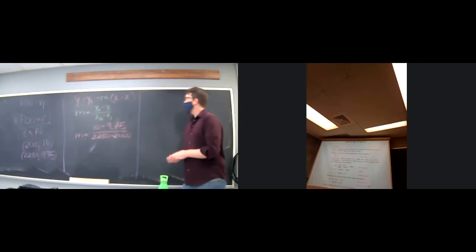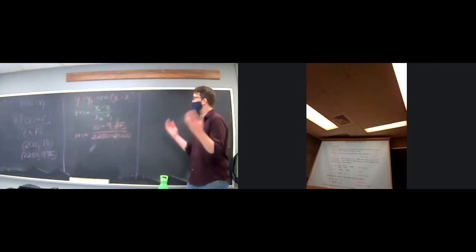So I should point out this point x, p: p is playing the role of y here, right? And x is going to keep playing the role of x. So we're using these 2 points with the point slope formula.